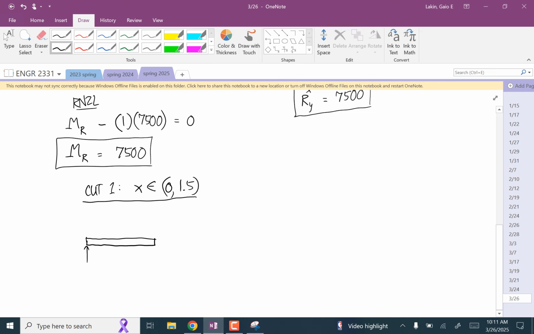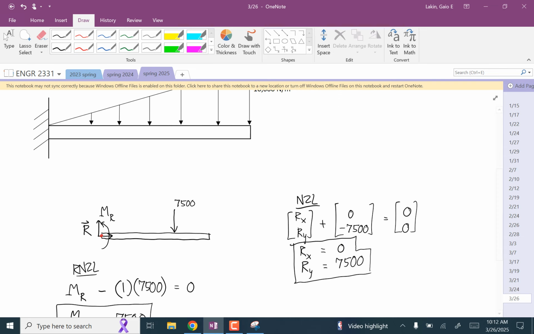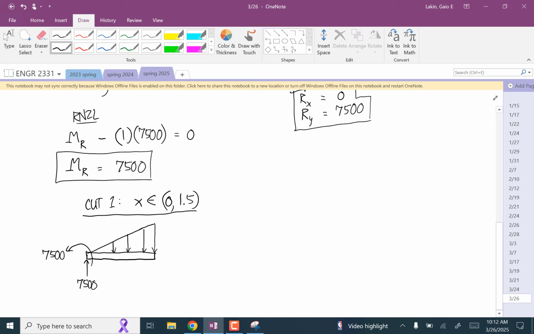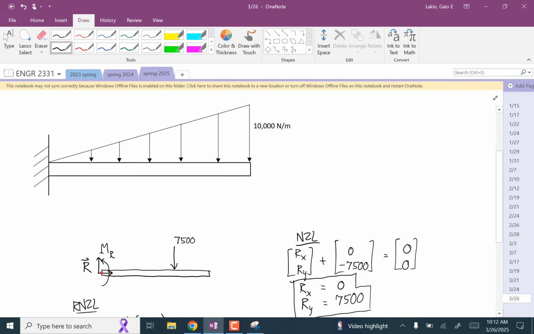We have an upward force of 7,500, a couple of 7,500. This triangular distributed load doesn't go all the way up to 10,000 anymore because we're only doing part of this beam. And so we have to think of the function for this line. And that line, we can use these values. The slope is going to be a rise of 10,000 over a run of 1.5.